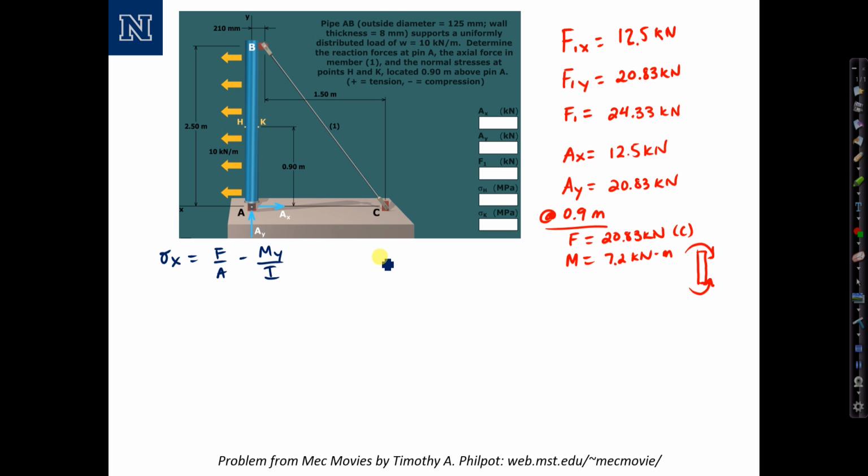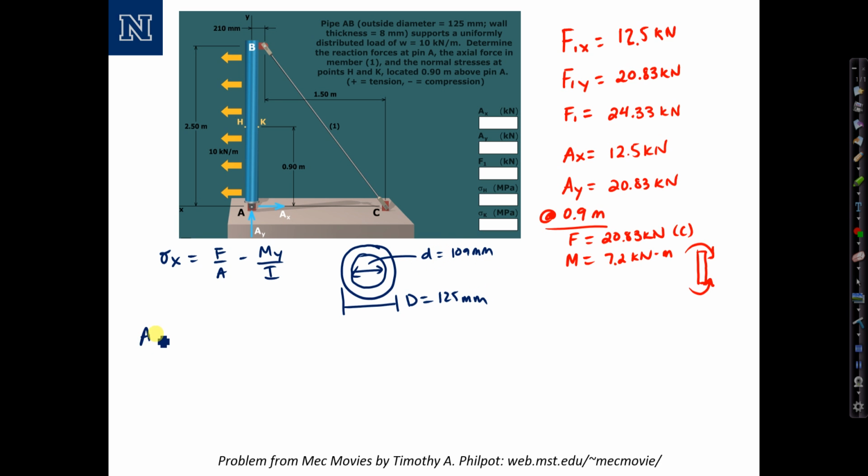My section properties I can compute knowing that it's a pipe section with an outer diameter D equals 125 millimeters and an inner diameter, small d, equal to 109 millimeters.